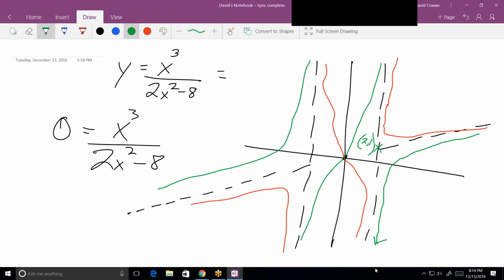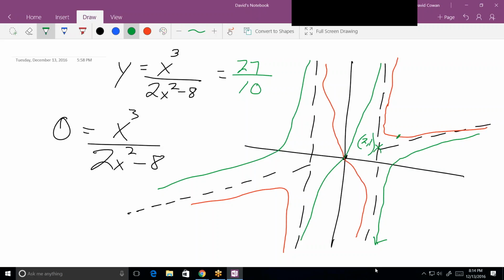That's how we figure out whether we're on the red or the green part of the curve. If I put in 3, I get 27 over 18 minus 8, which is 10. That's 27 over 10, which is almost 3. So it looks like it's the red. In other words, 3 here would be up to about that.